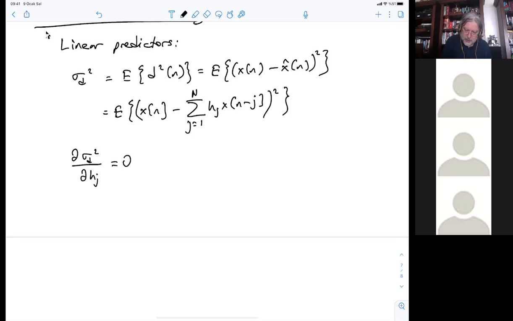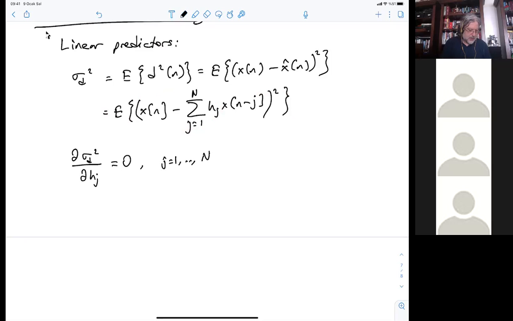And they must all be equal to 0 for j from 1 to capital N. Now, therefore, I need to find the derivative of this expression with respect to an h_j in between. Let's find one case of that.